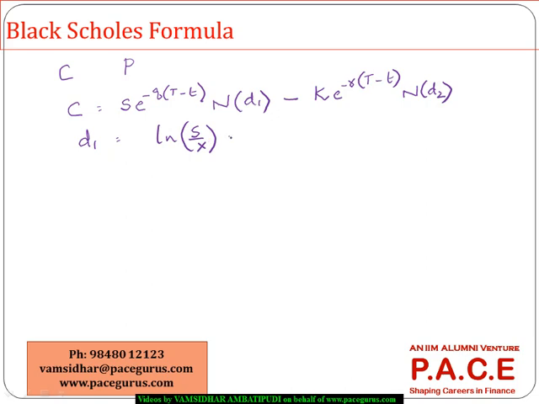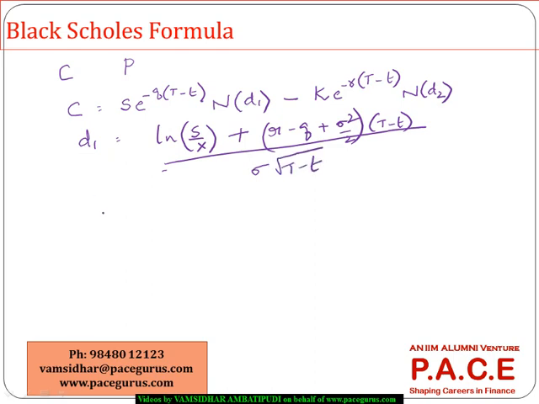So that's where we are taking log S by X, plus r minus q plus sigma squared by 2, into (T minus t), divided by sigma root (T minus t).